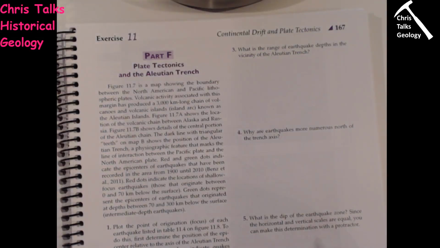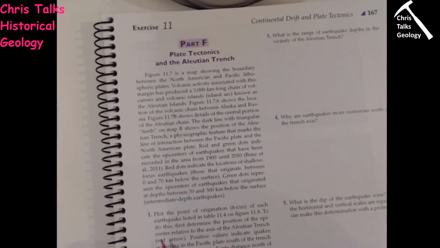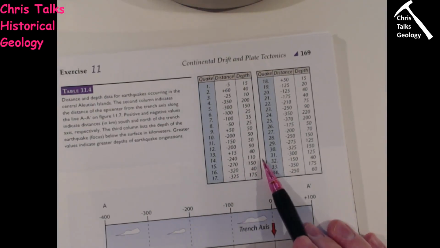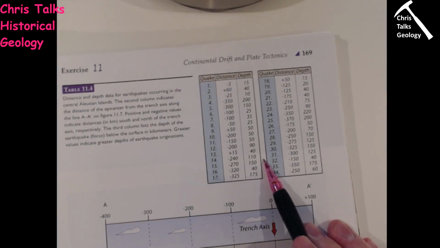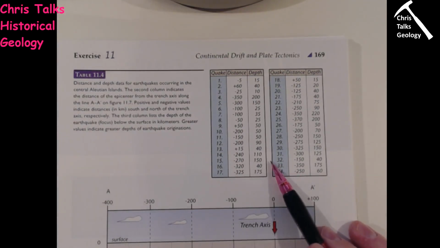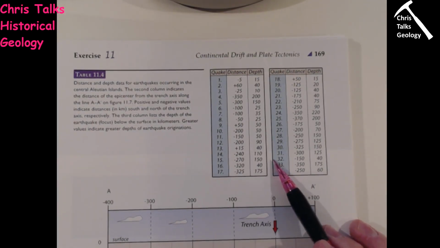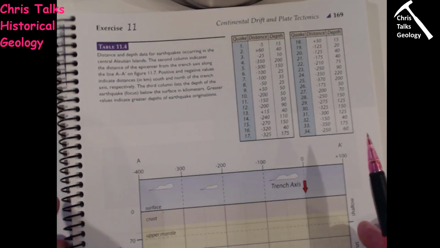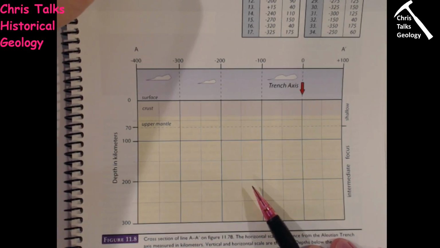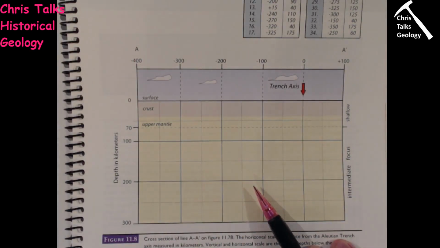Okay, so number 1. We have table of data 11.4 here. I've really got to stop putting this at an angle. I do apologise for that. So we have a table of data 11.4, and down here at the bottom we have another diagram, which is diagram 11.8.